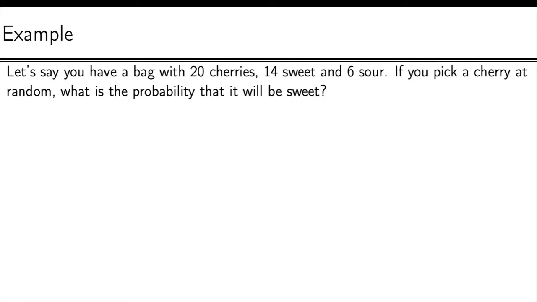Let's look at another example. Let's say you have a bag with 20 cherries, 14 sweet and 6 sour. If you pick a cherry at random, what is the probability that it will be sweet? So the probability of a sweet cherry is the number of ways to pick a sweet cherry divided by the number of ways to pick any cherry.